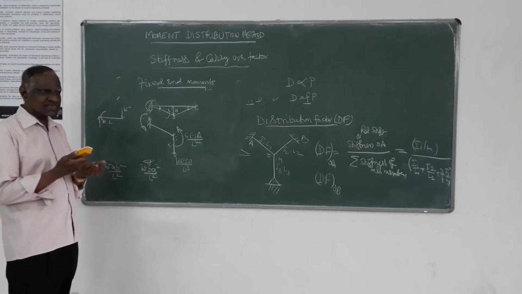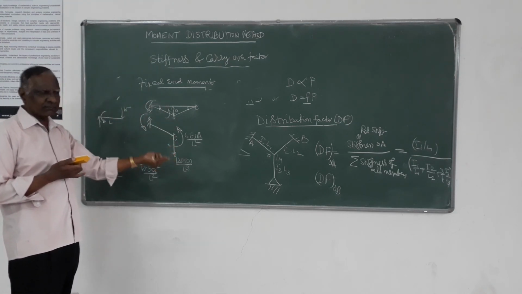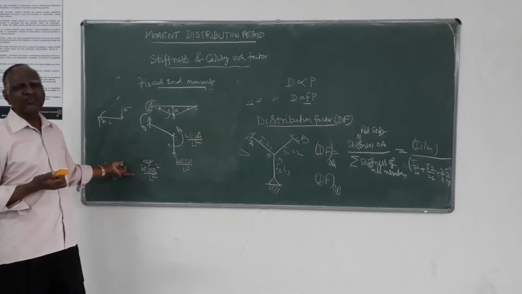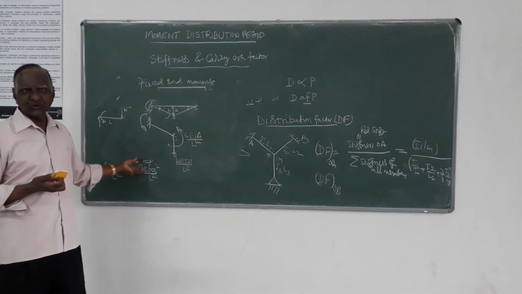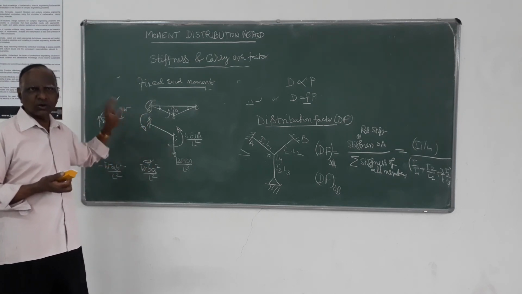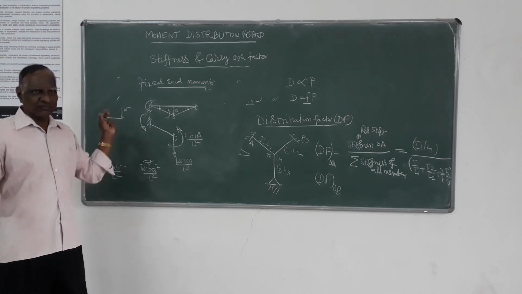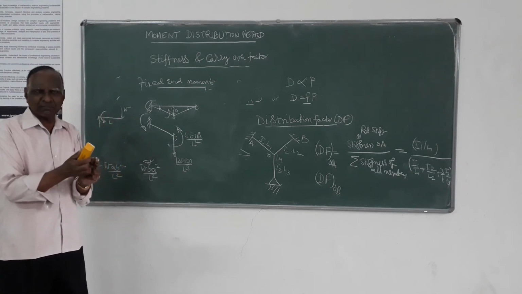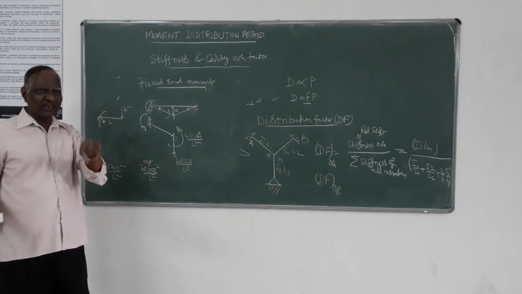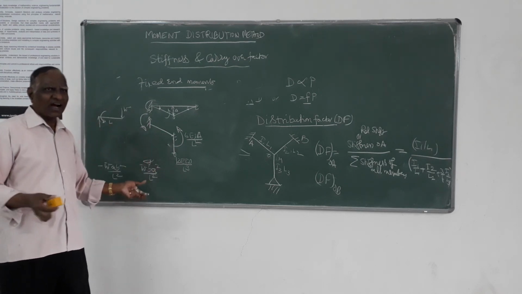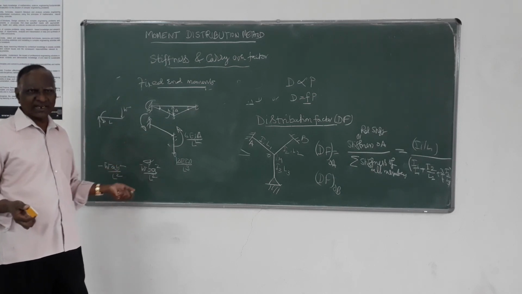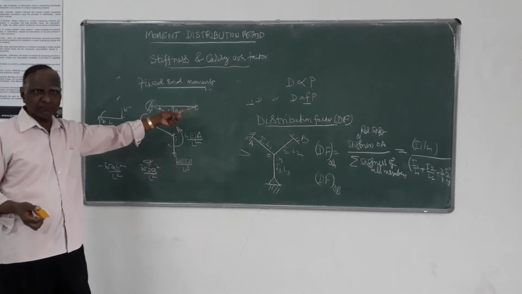One is stiffness, another carryover factor, another distribution factor, another fixed end moments due to various loads: gravity load, settlement load, overhang load. If you know these basic principles, you can work any problem. And I will explain the procedure of doing this moment distribution with reference to an example using this basic idea.